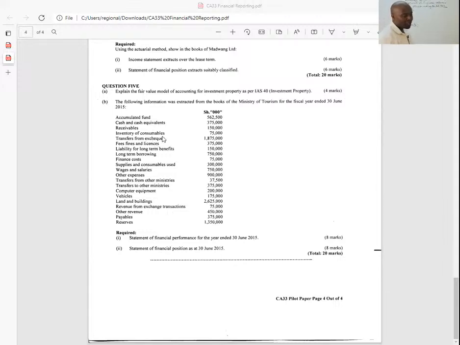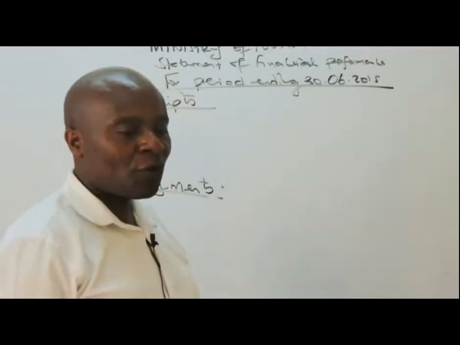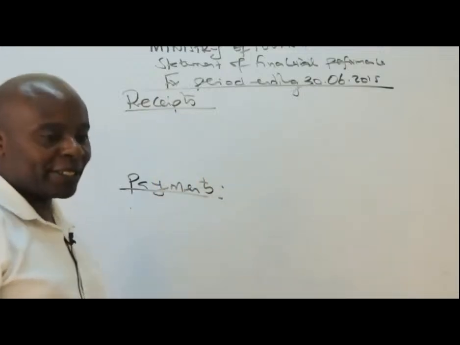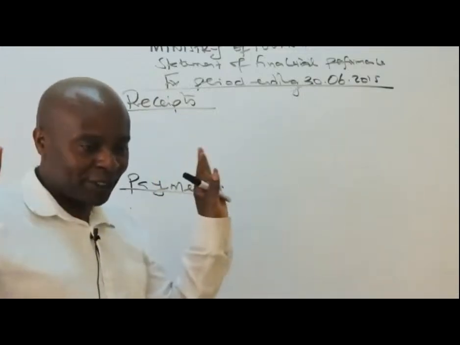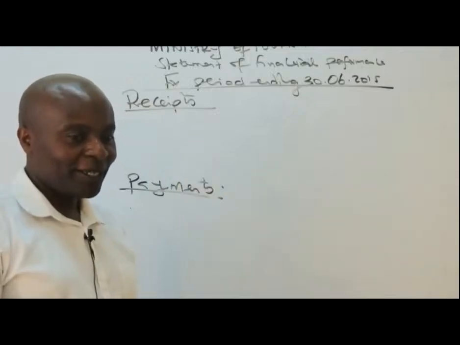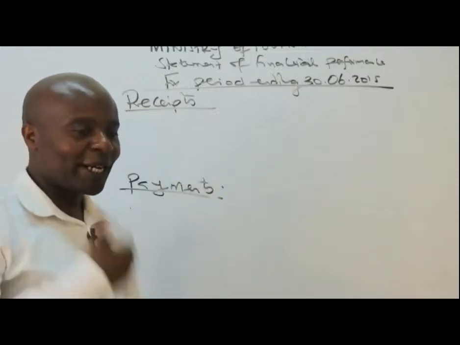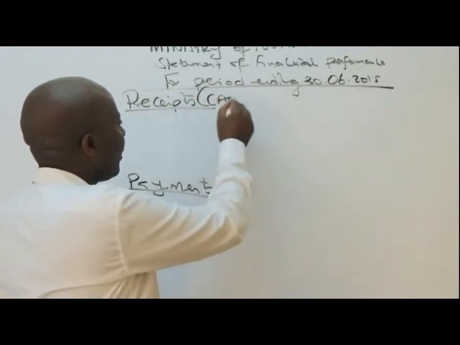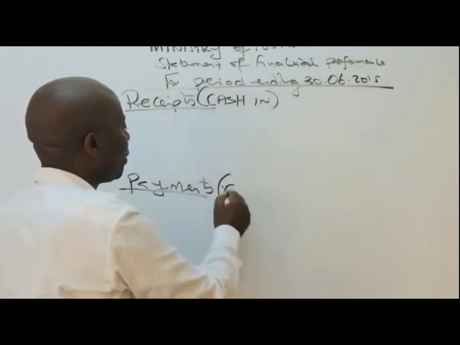Transfers from exchequer, 1875,000. So transfers from the exchequer, should I put that under receipts or under payments? Of course, you had mapped. Is it a cash inflow or a cash outflow? Remember, receipt is cash in. This is cash out.